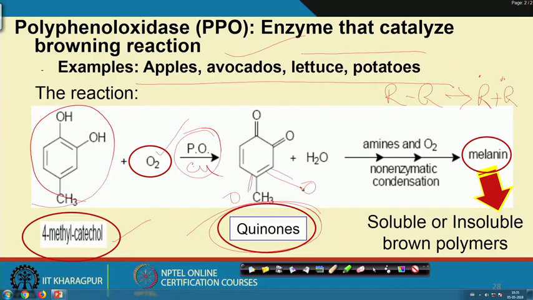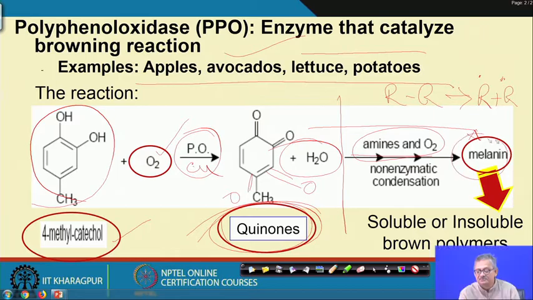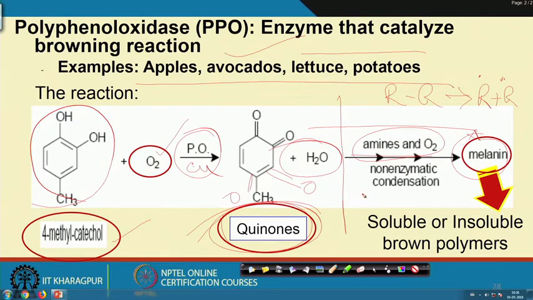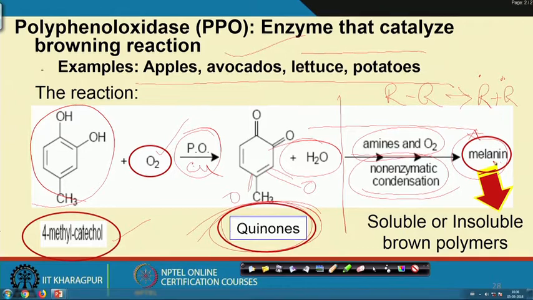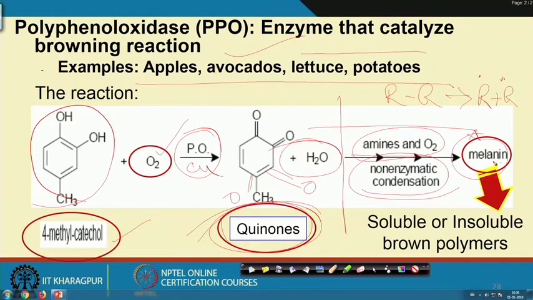In all the cases, these quinone derivatives are formed, and with one molecule of water it releases oxygen. This is a generalized equation that leads to melanins, or amines and oxygen could form, or maybe non-enzymatic condensation may happen and produce melanins.